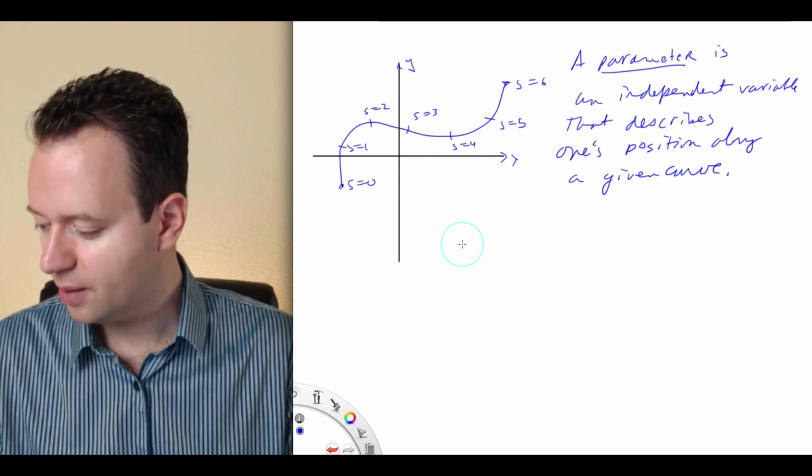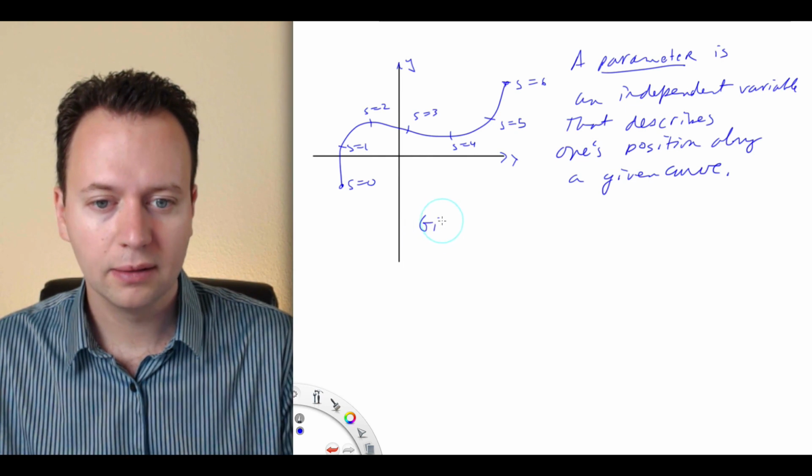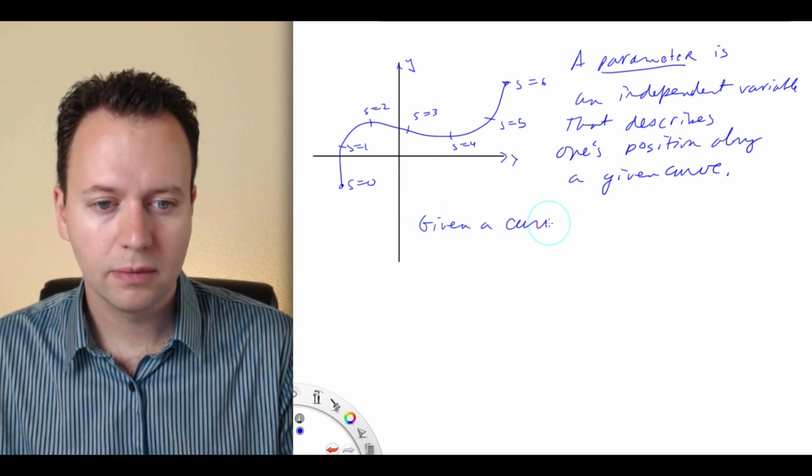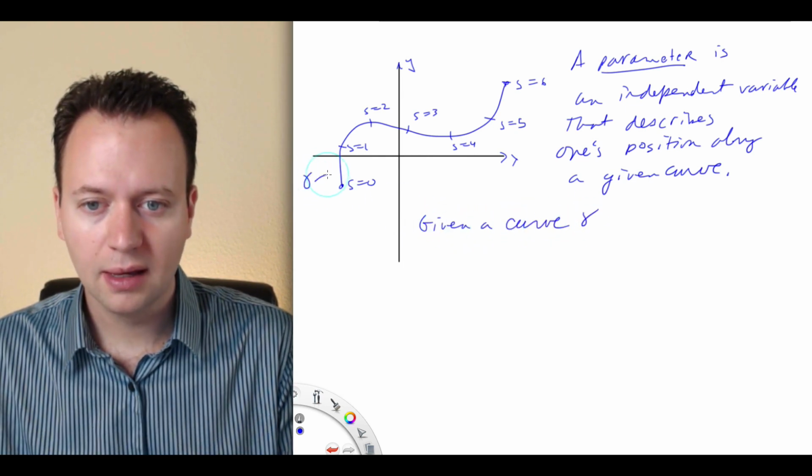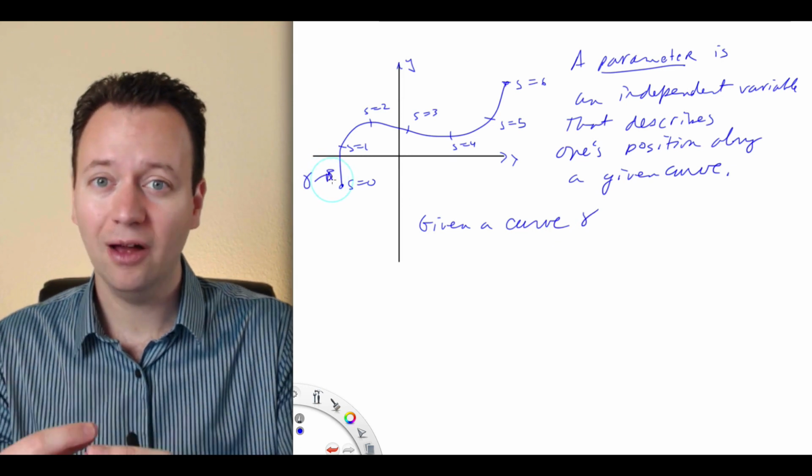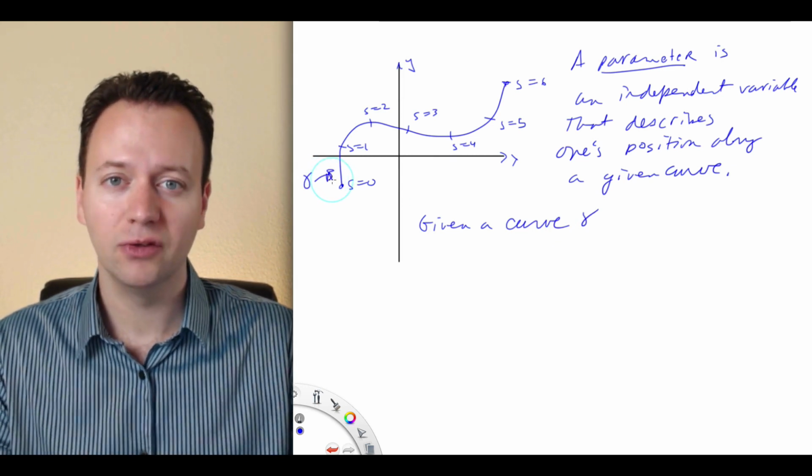So basically, given a curve gamma, so gamma would just be the curve. In other words, it's a set of points in the xy plane that consist of the curve.